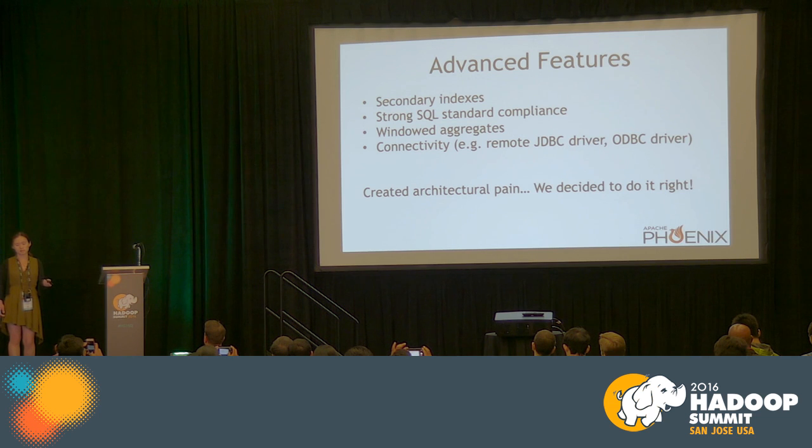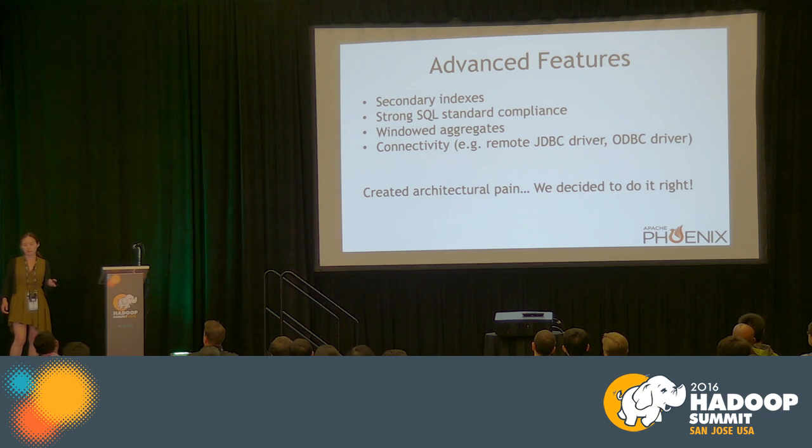And we'd also like to get some popular SQL extension features, such as window aggregates. And we also figured it's nice to have easy integration or connectivity with other database components or big data components out there, for example JDBC drivers or ODBC drivers.